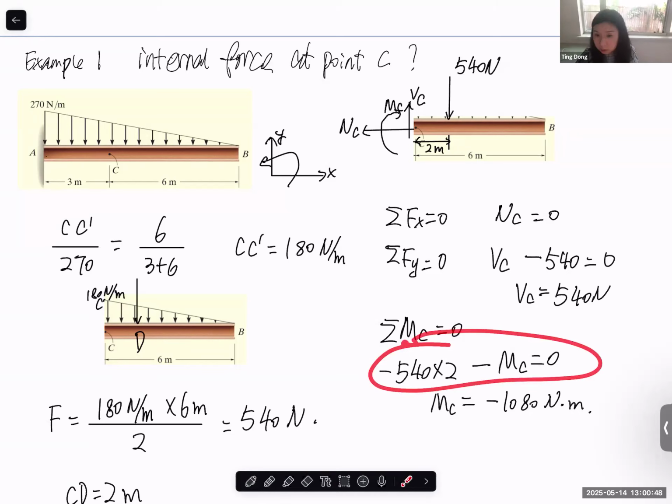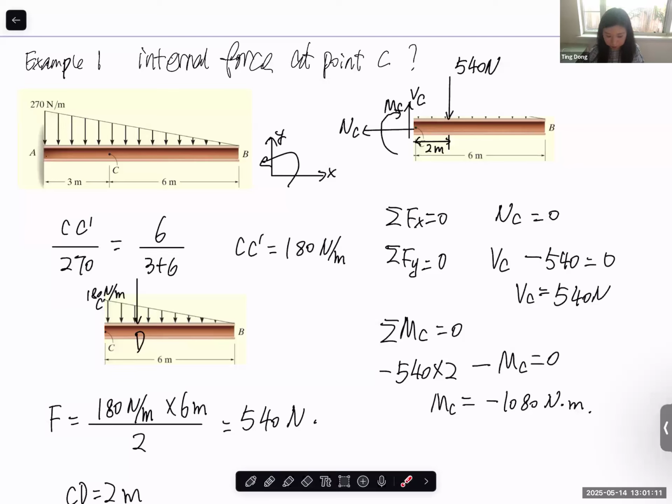Is this equation correct? If this equation is correct, then MC is a negative value, right? Why do you believe it should be? Yeah.